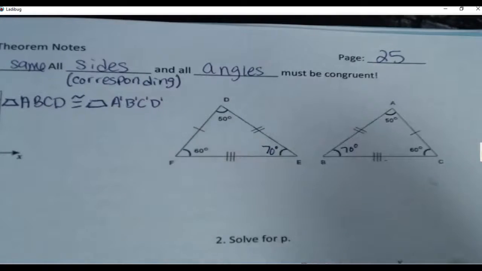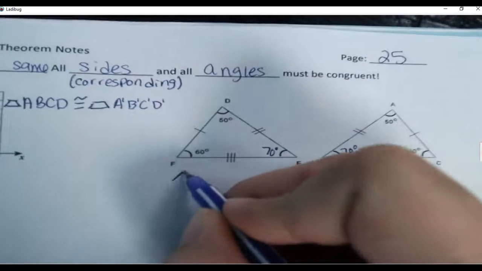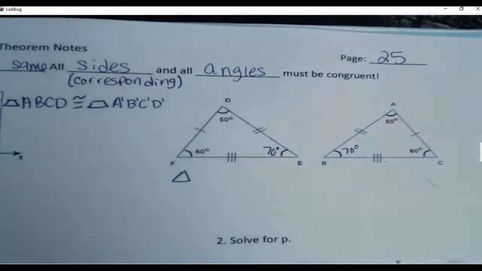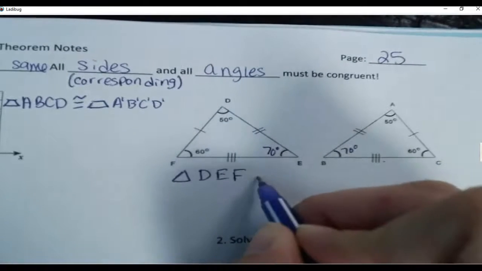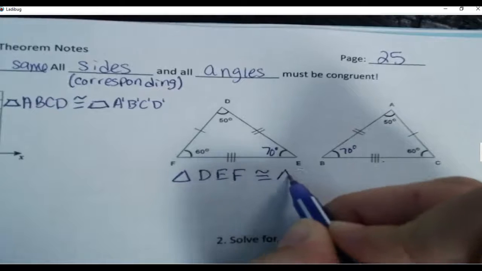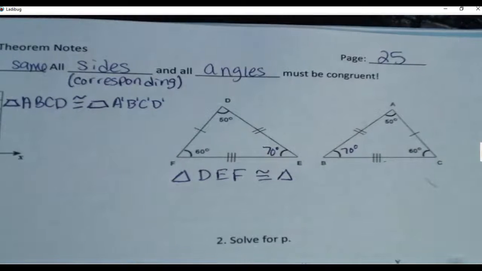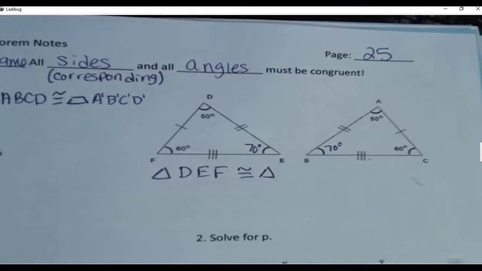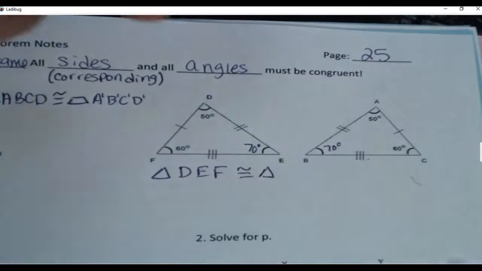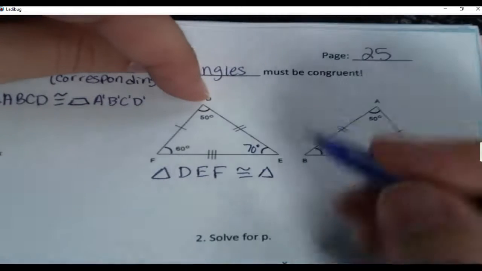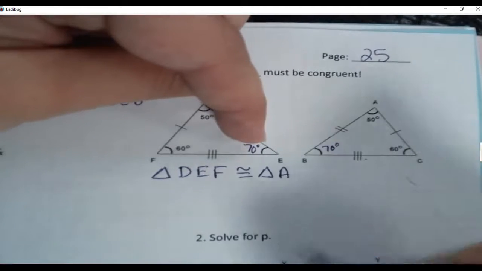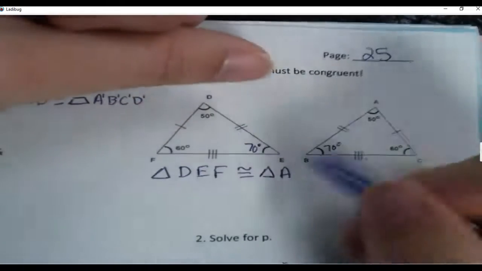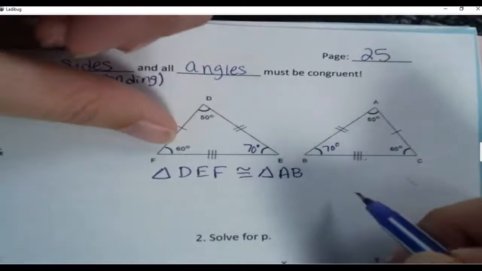So then if we wanted to write a congruency statement, I could say triangle DEF is congruent to triangle, and then we match our angle. So which angle does angle D match? A. How about angle E? B. Good. And how about angle F?